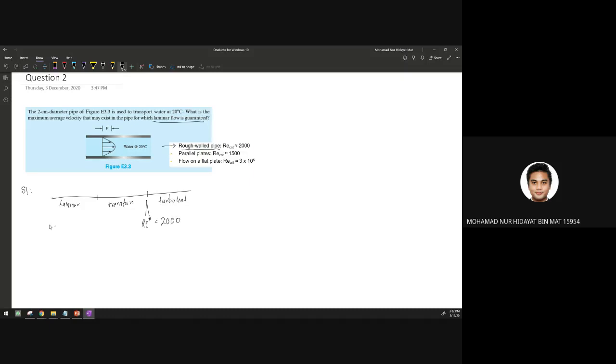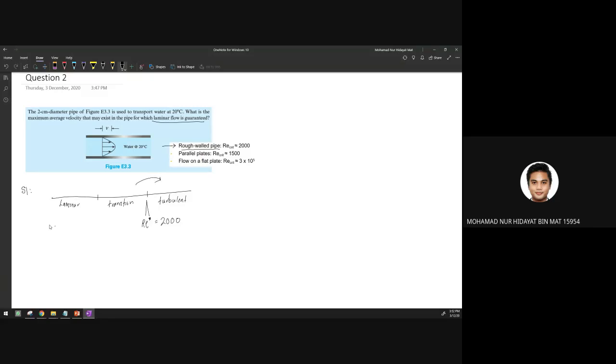2000 Reynolds number. So in order for the laminar to convert completely to turbulent, it must pass through this Reynolds number. Once the Reynolds number passes the critical Reynolds number, which is more than 2000, it will jump and become turbulent.